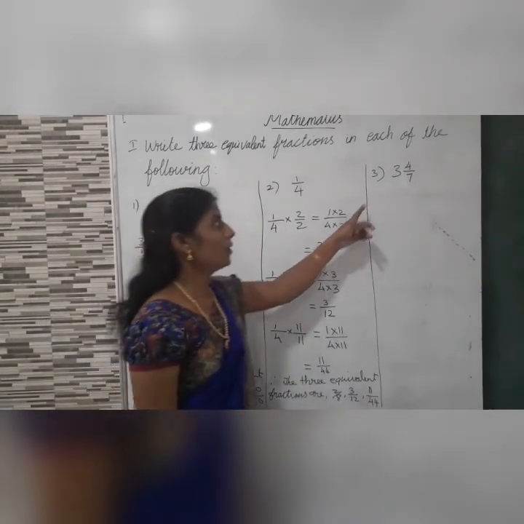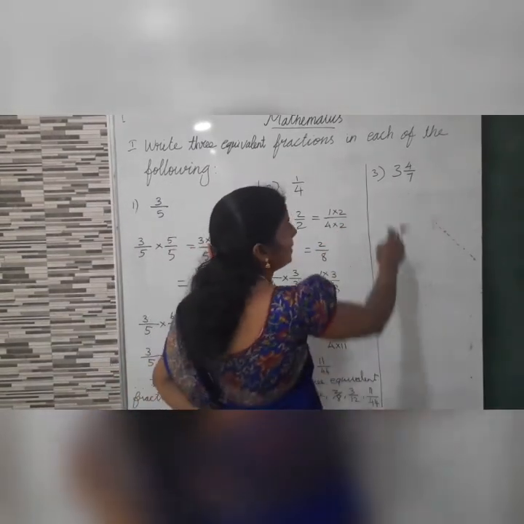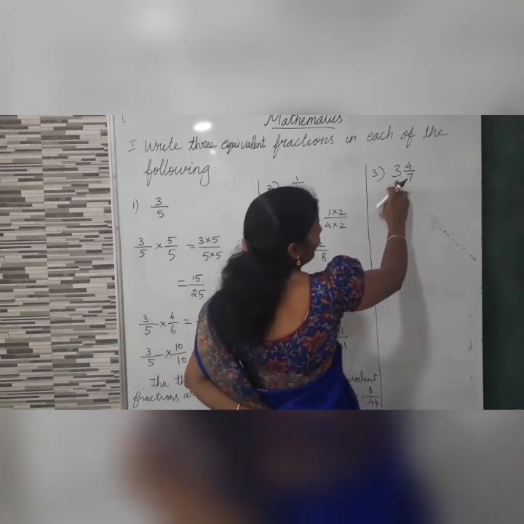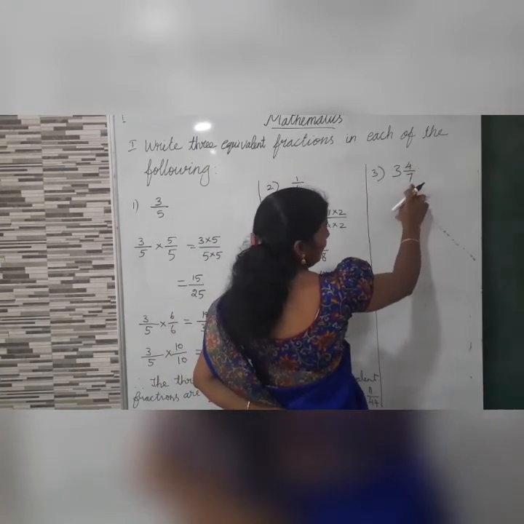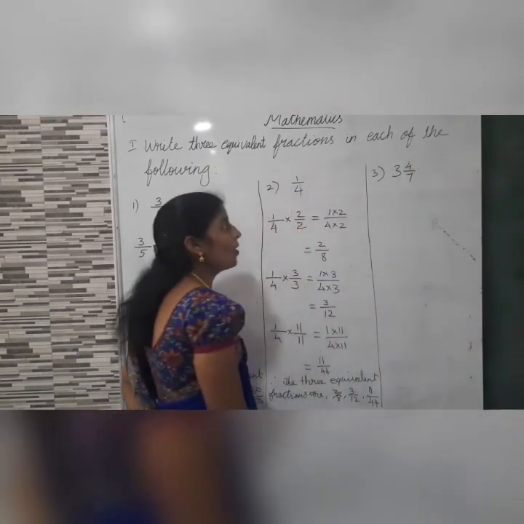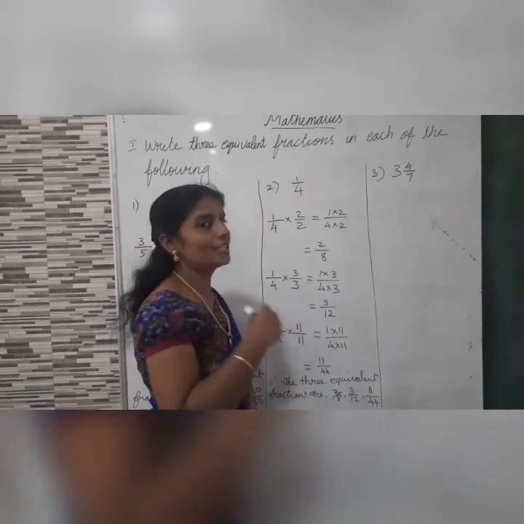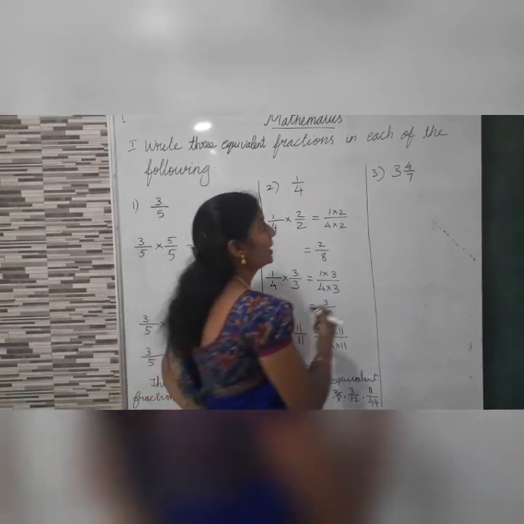Okay. Then one more question. This is the mixed fraction, isn't it? 3, 4 by 7. Do you know how to convert a mixed fraction into an improper fraction?